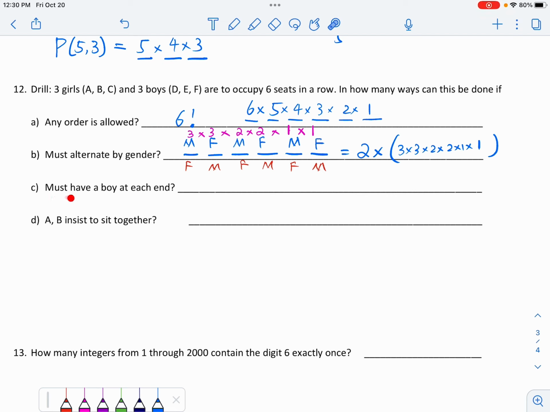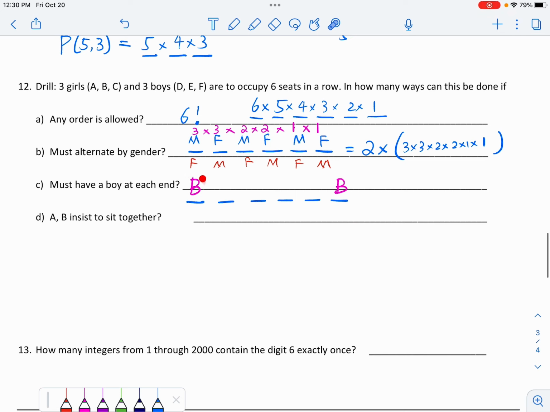Now what about must have a boy at each end? So here this has to be a boy, and this has to be a boy, right? How many ways to fill in the first boy on the first seat? 3 ways. And then step 2, how many ways can we seat another boy here, because we have 2 boys left, so this will be 2 ways.